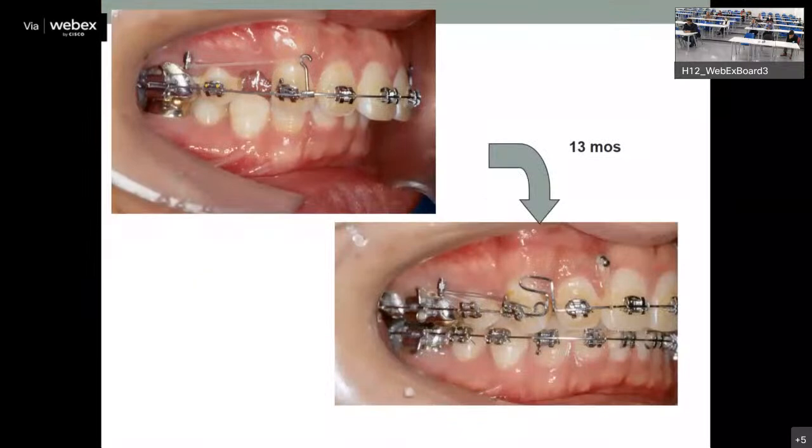And from here to there, it took around 13 months. Now look, canine relationship is class 1, overjet reduced, bite reduced, molar relationship is full unit class 2. So you preserve the anchorage in a nice way here by using microscrews.